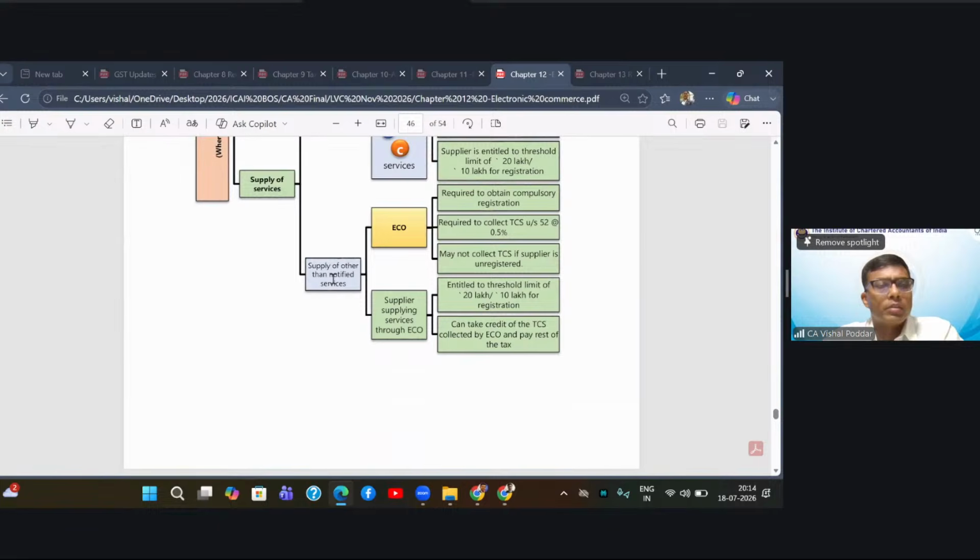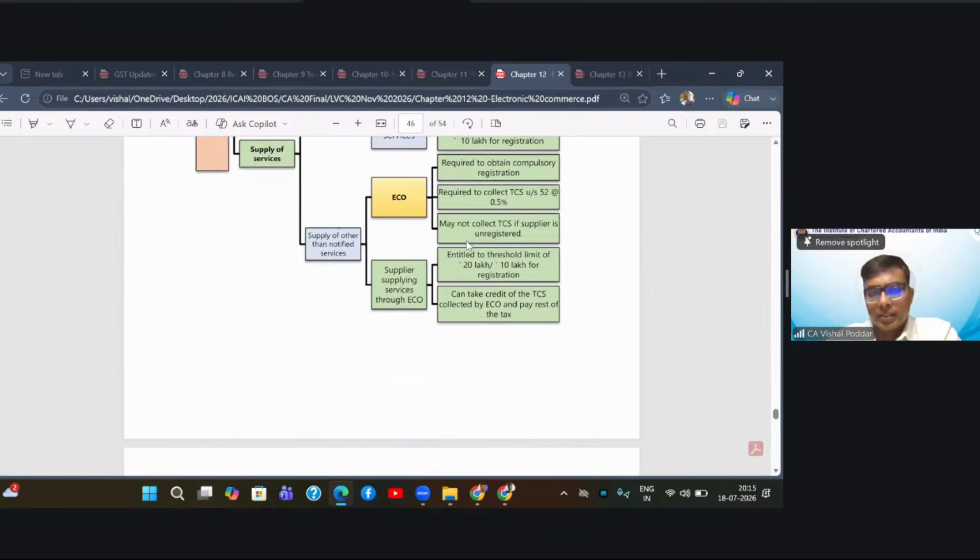Now, wherever there is supply of services other than the notified services, what will happen? The ECO through whom these services are being supplied, that is the app, again has to compulsorily take registration and collect TCS, and it may not collect TCS if the supplier is unregistered. So only where the supplier is registered, the ECO will be collecting the tax.